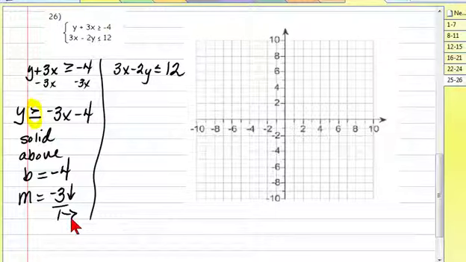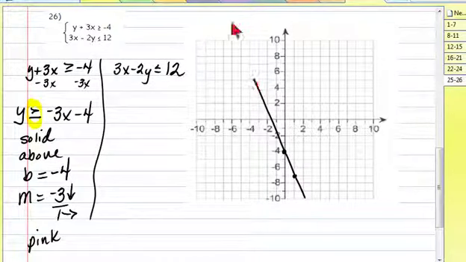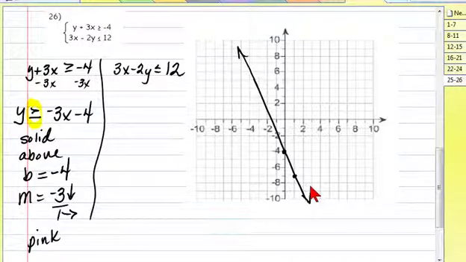So let's do that in pink. So I begin at -4. I go down 3, right 1. I draw a solid line. And I shade above it.